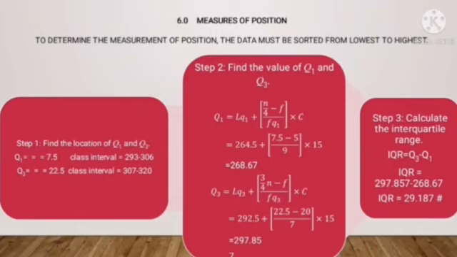For Q3, we use LQ3 plus (3 over 4 n minus F over FQ3) times C. So for Q3 we got 297.857. Step 3. Calculate the interquartile range. The formula for the interquartile range is Q3 minus Q1. So our interquartile range is 29.187.